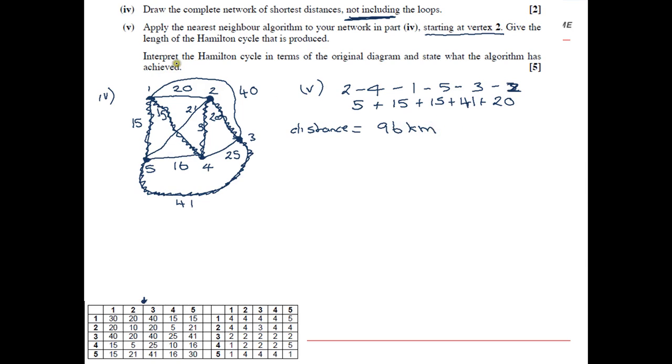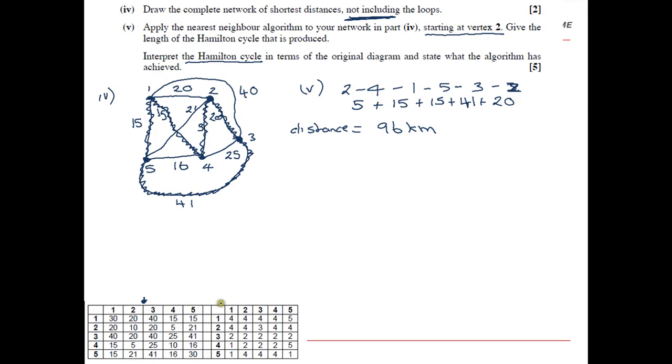And then we have to interpret our cycle in terms of the original diagram. So when we did the original diagram, when we began the session, we talked about interpreting your solution, and this is what you have to do.